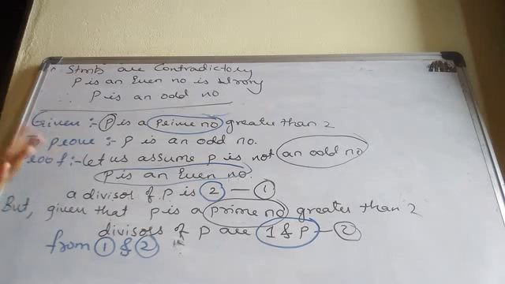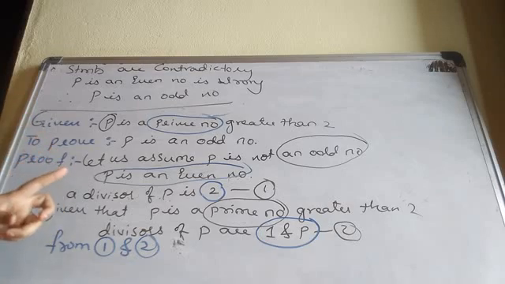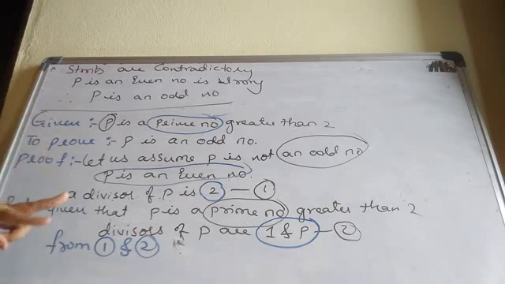Those are all odd numbers and also prime numbers. When it is a prime number greater than 2, 3 is a prime number which is greater than 2 and 3 is an odd number. It should satisfy 2 conditions. If you take 9, 9 is not a prime number, though it is an odd number.